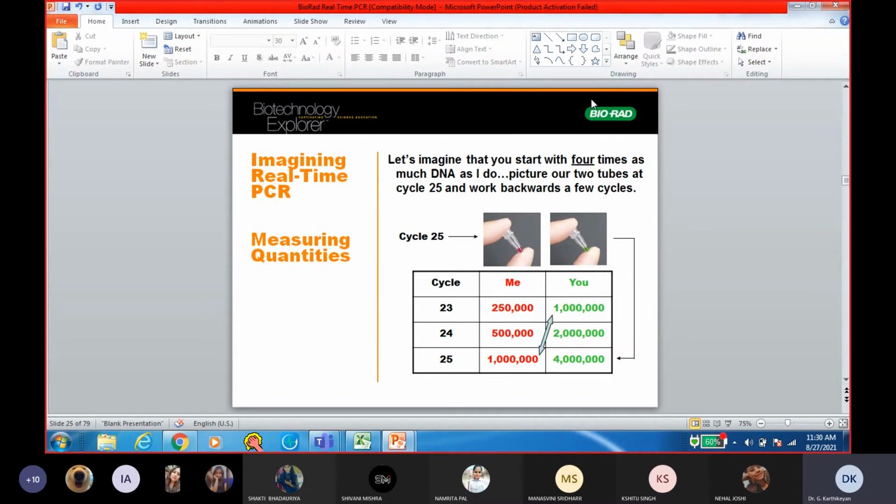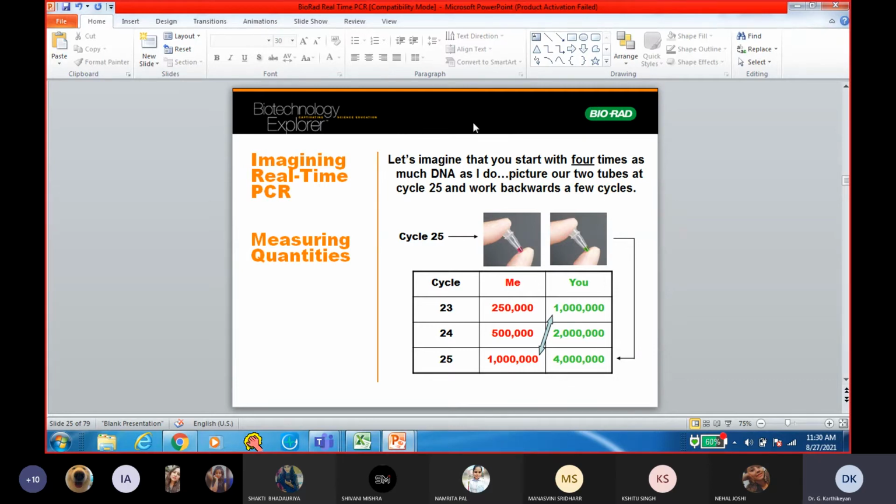Everything else remains the same, except that the person pipetted the template DNA 4 times. That means your initial template concentration is 4 times higher compared to the other student who did it perfectly. He or she was asked to do it this way and did exactly the same. The other student, by mistake, committed an error in pipetting the template DNA.